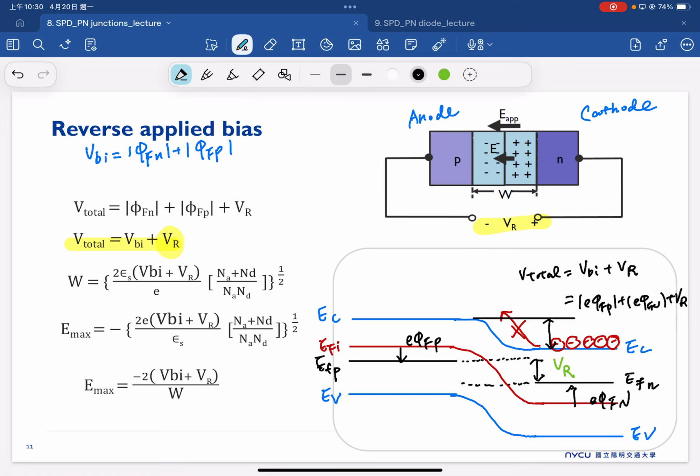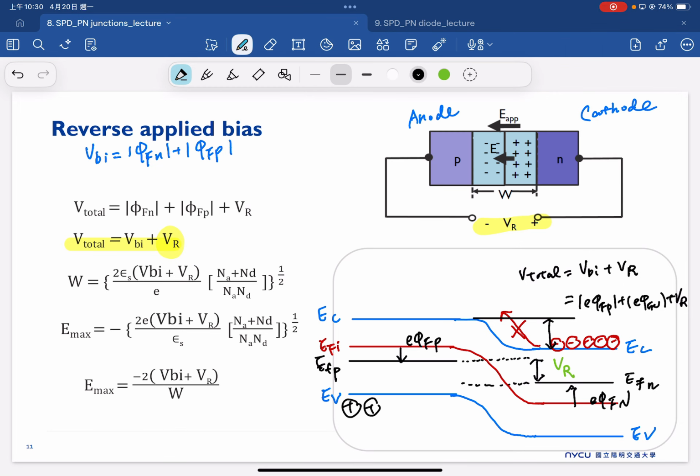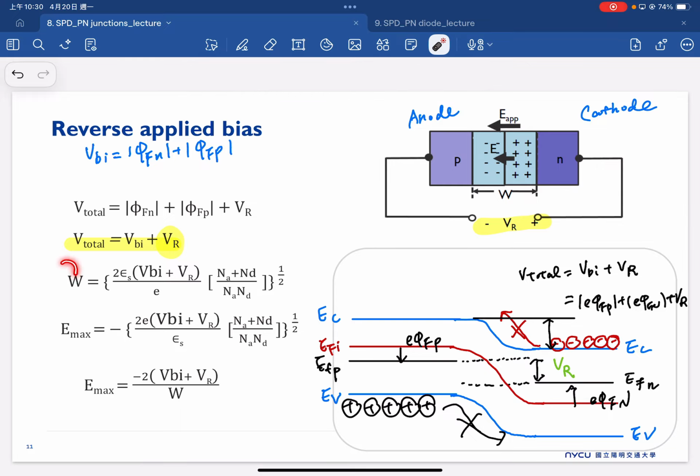the holes become even more difficult to flow to the right. The rest of the equations are the same as before. Now we have this total depletion width, but the only difference is that we add this VR.